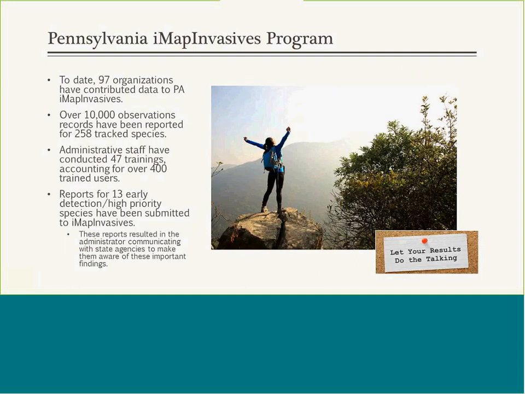So just to give you some quick stats on the work we've done so far. To date, 97 organizations have contributed data to iMapInvasives, and thanks to our work study student who's here in the room with us, Aspen, we have reached over 10,000 observation records currently in the database, which is really exciting. That accounts for 258 tracked species, so that's a lot.